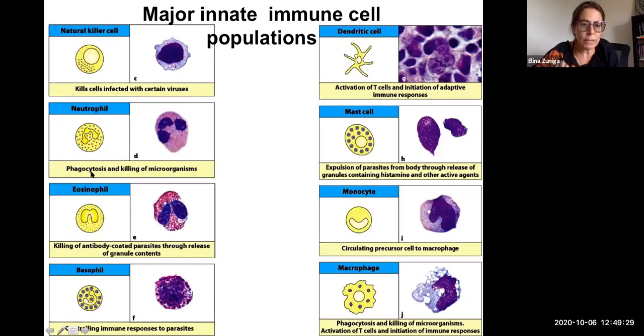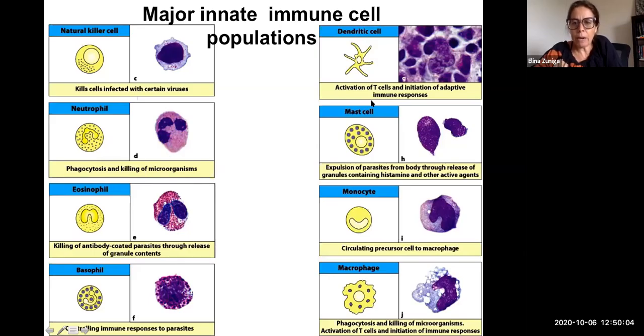The neutrophils' role is phagocytosis and killing of microorganisms. The eosinophils and basophils, which we will learn more about in later lectures, particularly on hypersensitivity and allergy, release the contents of their granules to defend us against parasites.